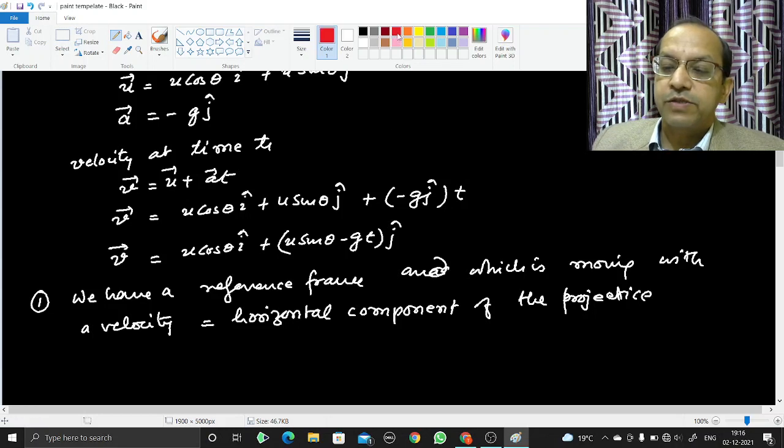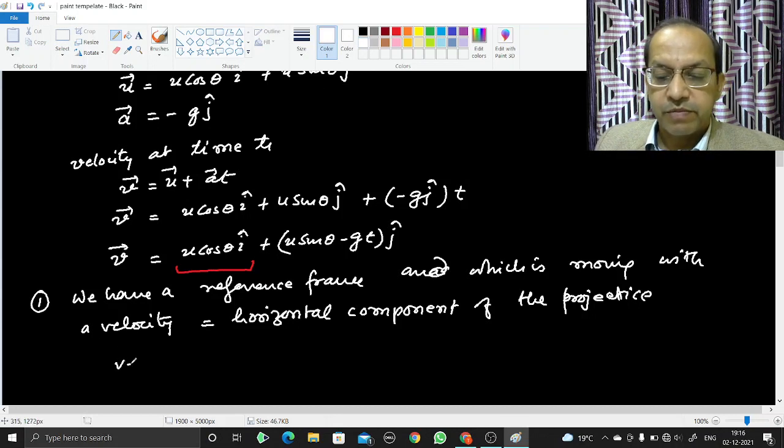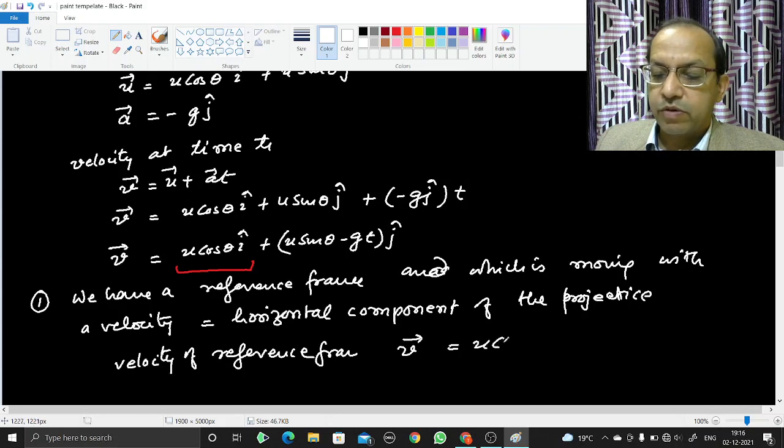So the velocity of the reference frame is equal to u cos theta i cap.